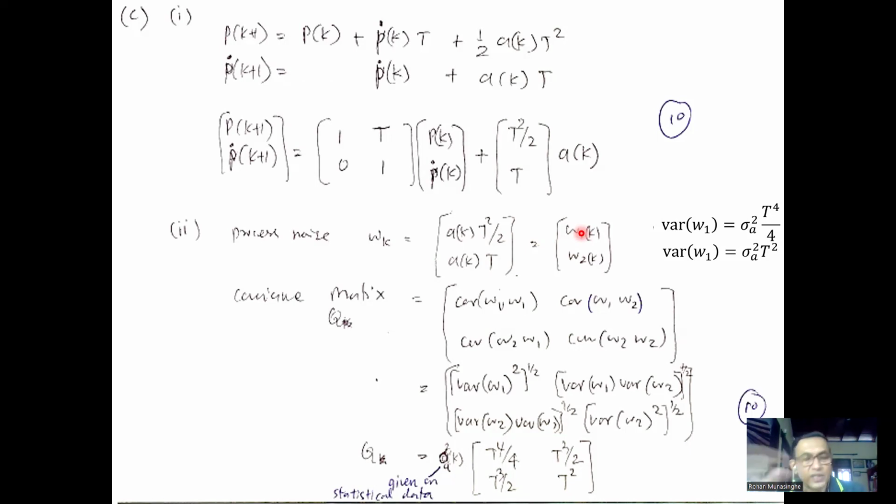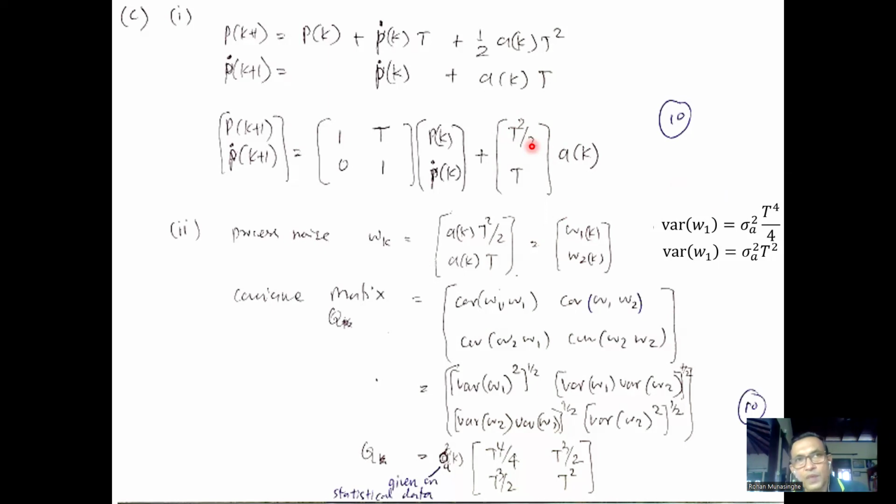So whether it is the standard deviation or the variance of the acceleration that is given, it doesn't matter. We can write it over here: sigma a square represents the variance of acceleration. But here in the model, the noise is not only the acceleration, but it is multiplied with t square over 2 in the first equation and by t in the second equation.